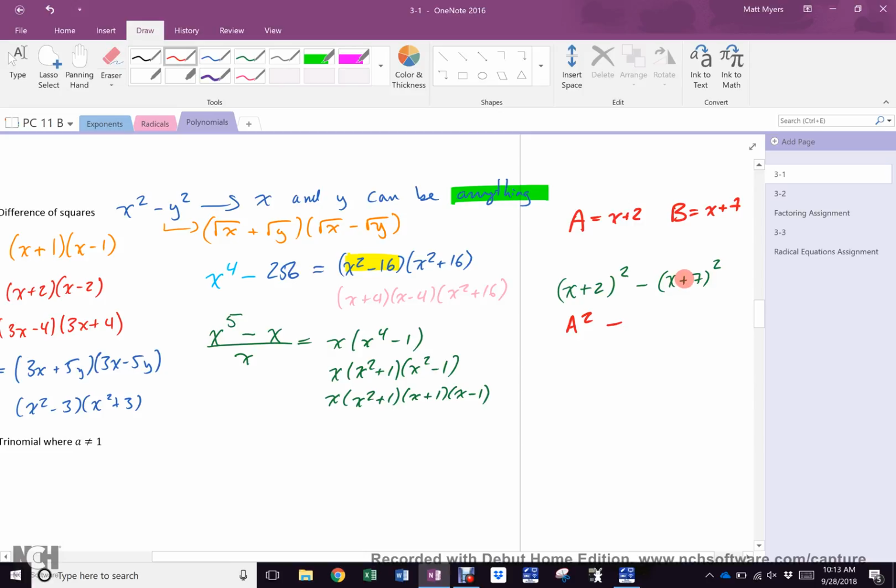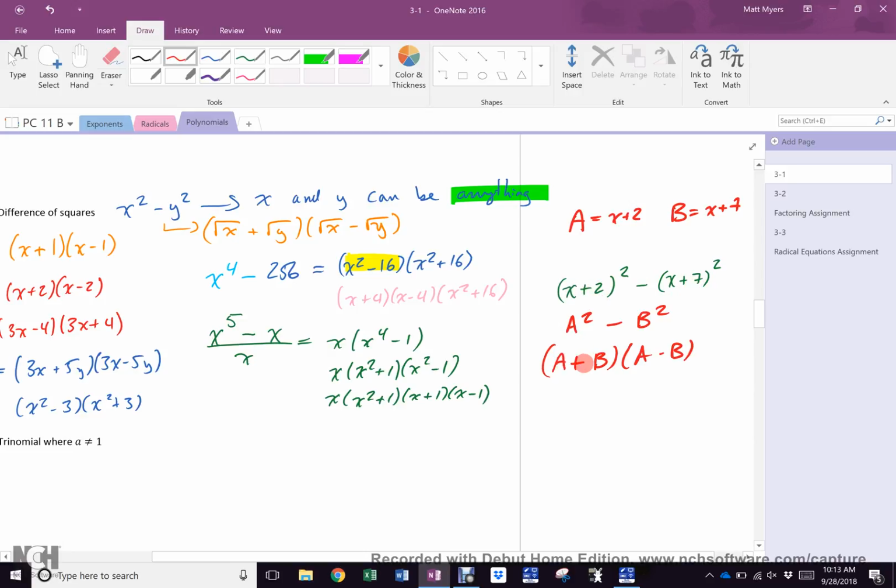What can I write there instead of x plus 7? B squared. A squared minus b squared. So it's the square root of a squared, which is what? A plus the square root of b squared, which is what? B. And then I do it again. A minus b, correct?